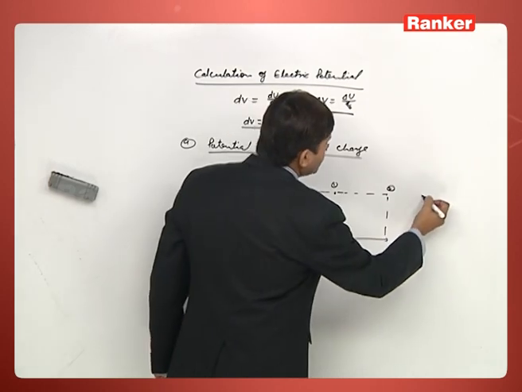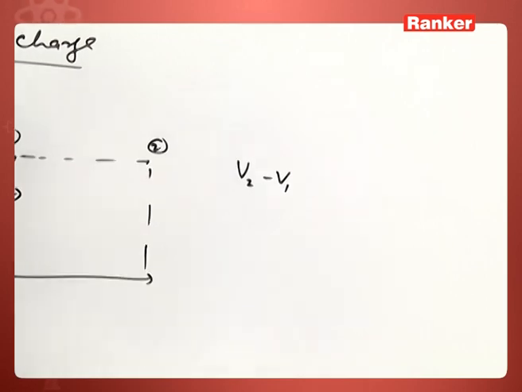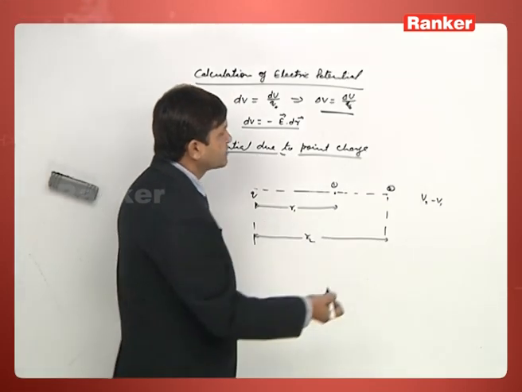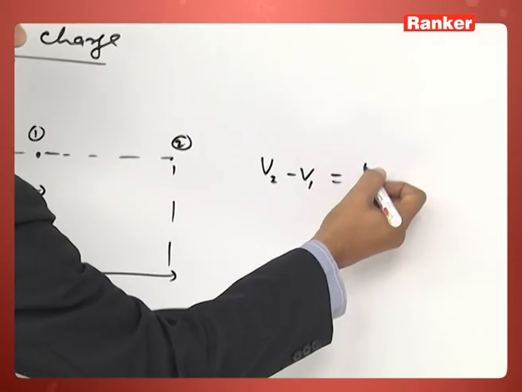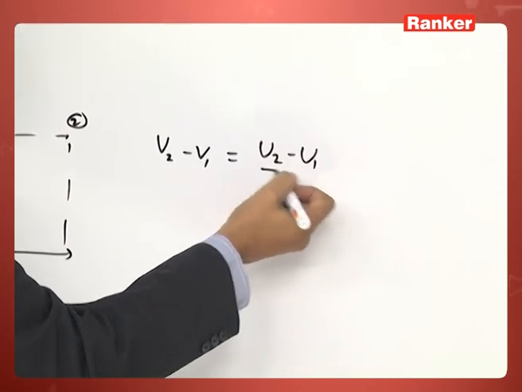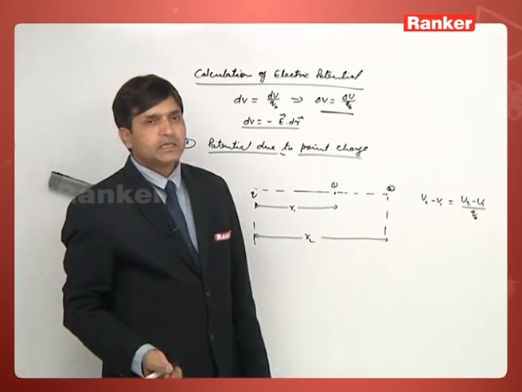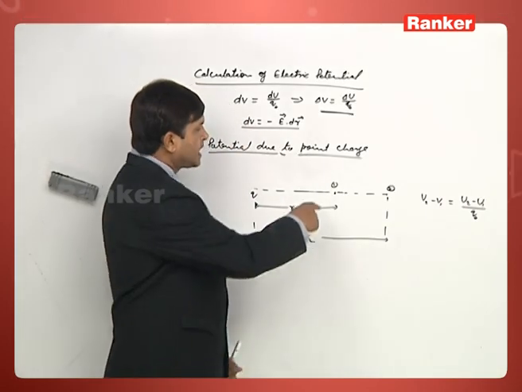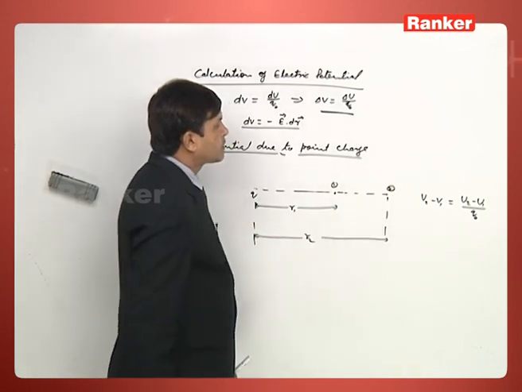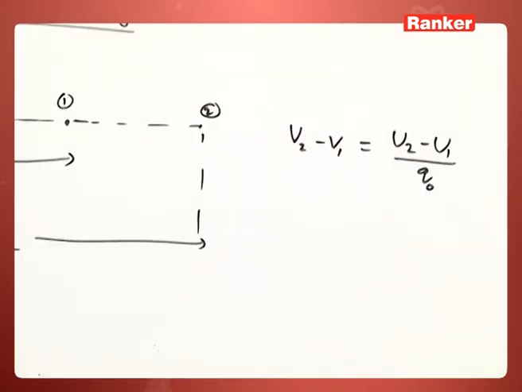It means if we want to calculate the potential difference between points 2 and 1, V2 minus V1 is equal to the potential energy at 2 minus the potential energy at 1, by Q naught, where Q naught is the test charge. So first I put a test charge at point 1 and then at 2, and we calculate the potential energy at 2 and 1.